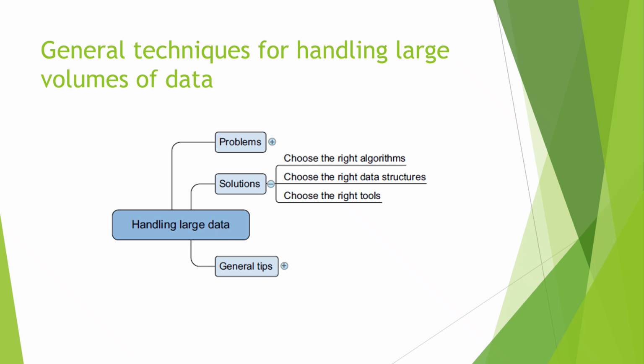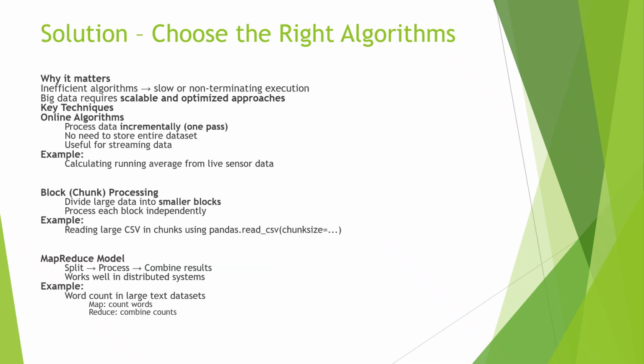General techniques for handling large volumes of data. Under this, we will discuss problems, solutions, and general tips. Choosing the right solutions. Choosing the right solution is crucial when working with large-scale data, as inefficient algorithms can lead to very slow execution or may not even complete within a reasonable time.